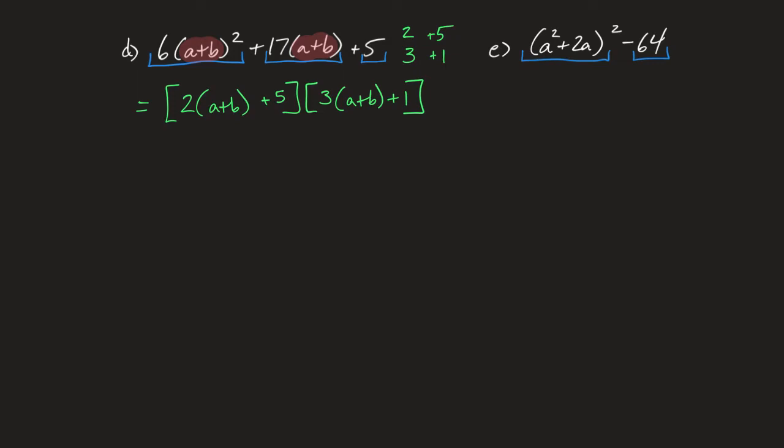Our only issue with what we have inside those brackets is it's not fully simplified. Take a look at that first factor, and we could simplify that further. So let's go ahead and expand in our 2. Let's go ahead and expand in our 3. And now we have fully simplified factors for that expression.